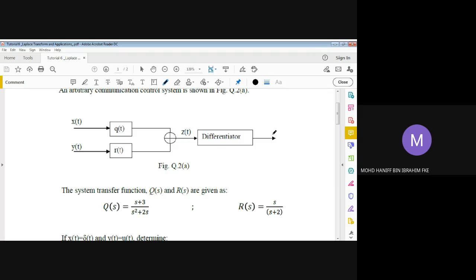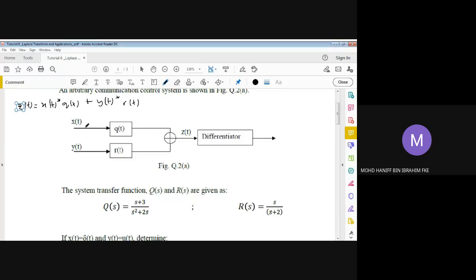From this relationship, we know that z(t) by right shall be equal to x(t) convolved with q(t). So the relationship in the time domain should be x(t) convolved with q(t), plus the y(t) input convolved with r(t). So that should be the relationship in the time domain for z(t).